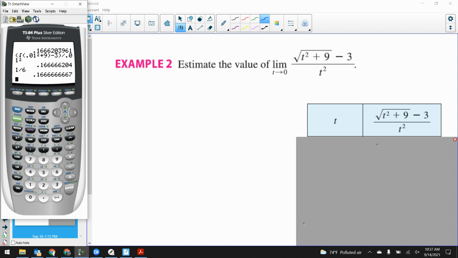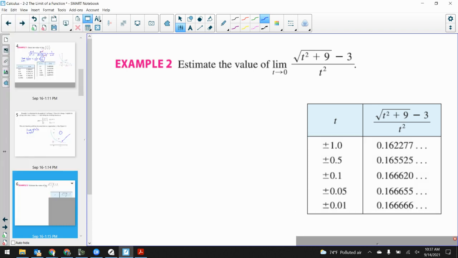I can't tell you yet. I can't let the cat out of the bag. But for right now, all we're saying is, okay, it's going to keep getting closer and closer and closer to 1/6. 0.16 repeating. It's getting closer to 1/6. Soon we will learn how to do this algebraically.